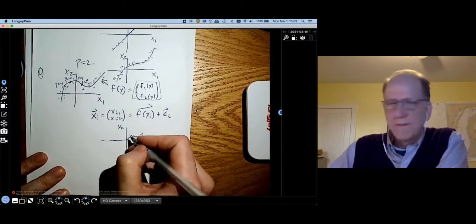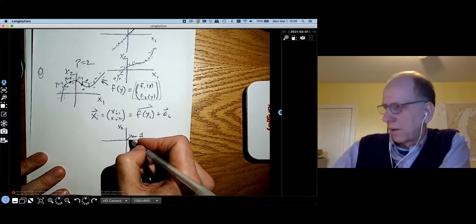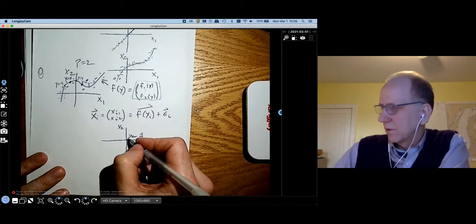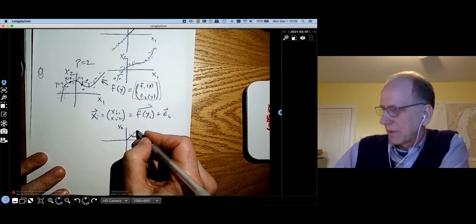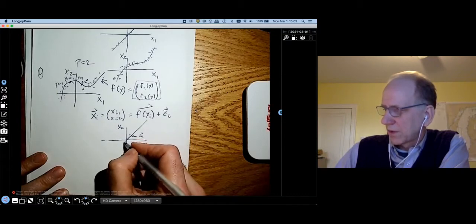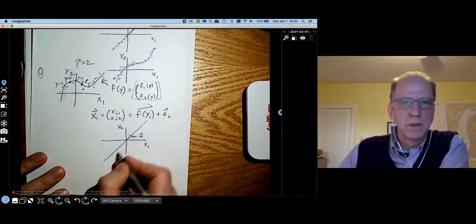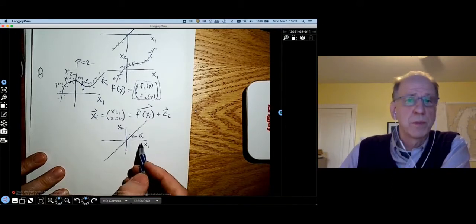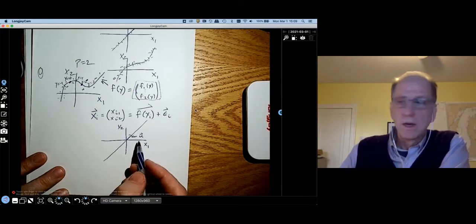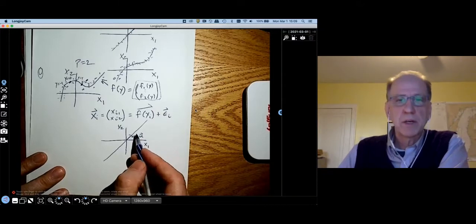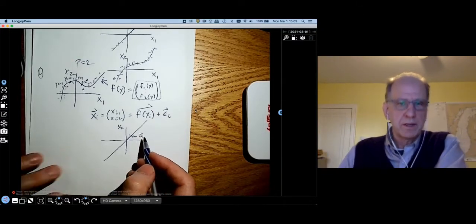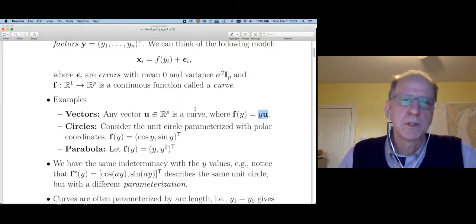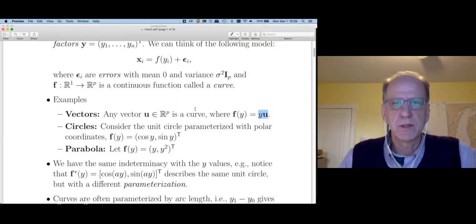And if I take some multiple of u, that's going to give me all points on this line or linear subspace through the x1, x2 plane. So clearly, if I constrain my curve to be a vector, then I get a linear subspace and principal components analysis.